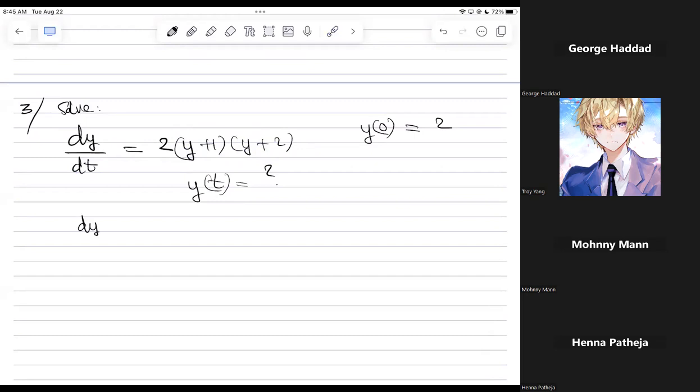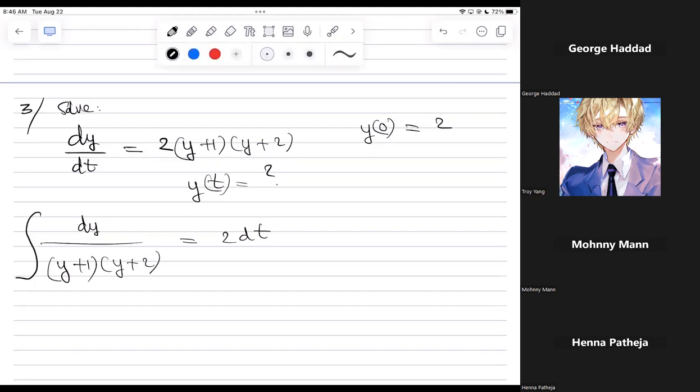So I get dy over y plus 1 times y plus 2, and on the right-hand side, I get 2 dt.